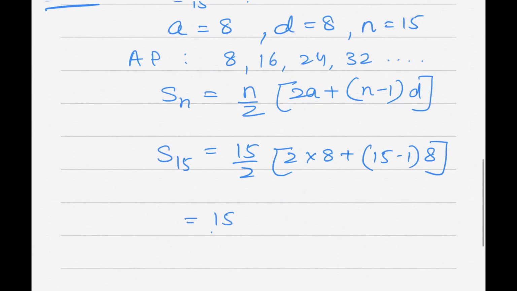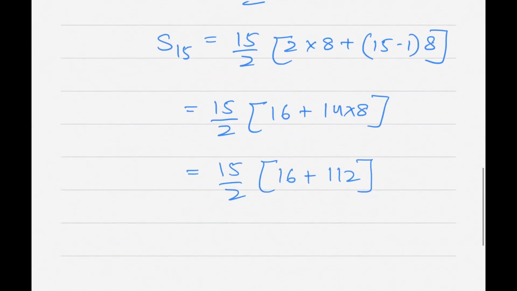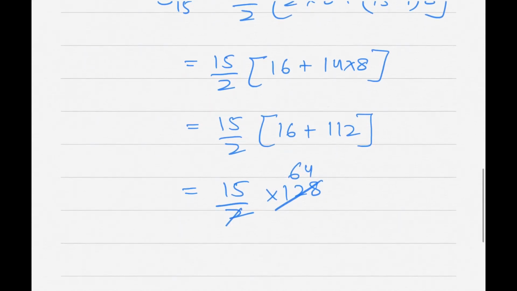So this becomes 15 by 2 into 16 plus 14 into 8. 14 into 8 is 112, right? Now this would become 15 by 2 into 128, so this goes by 64. Now I have to multiply 15 by 64: 15 times 4 is 60, then 90, so 960, right? So that's my answer, 960.